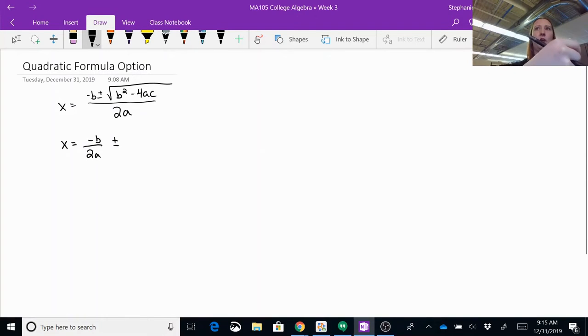Well, actually, we haven't gotten to that part. Week 5, that will come up. But negative b over 2a, and then plus or minus the square root part, b squared minus 4ac over 2a.